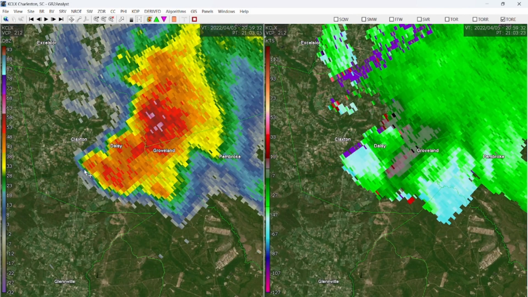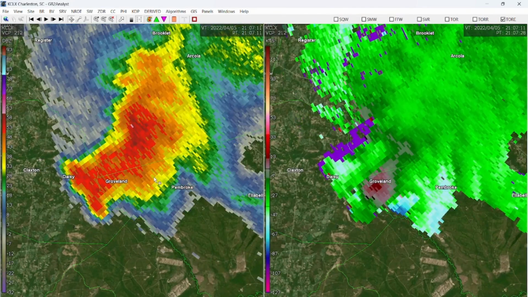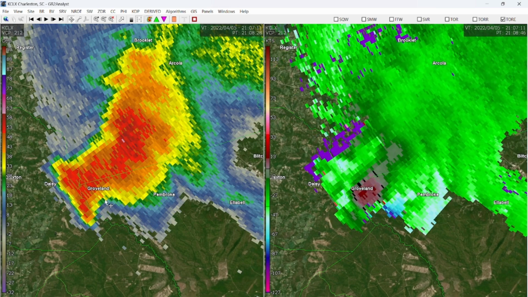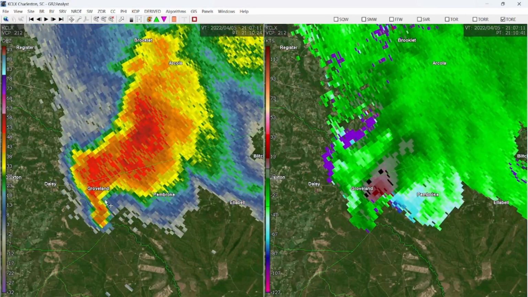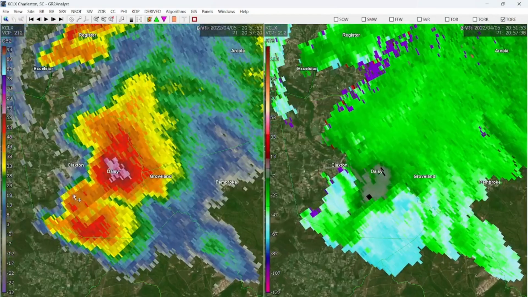But then, as that merger occurs, you will suddenly see a hook echo appendage appear here very, very rapidly. Sometimes another way in which nudger theory can work is if you have a new supercell come from the southwest. It doesn't have to hit the original supercell perfectly at an angle to put that downdraft right next to the updraft.